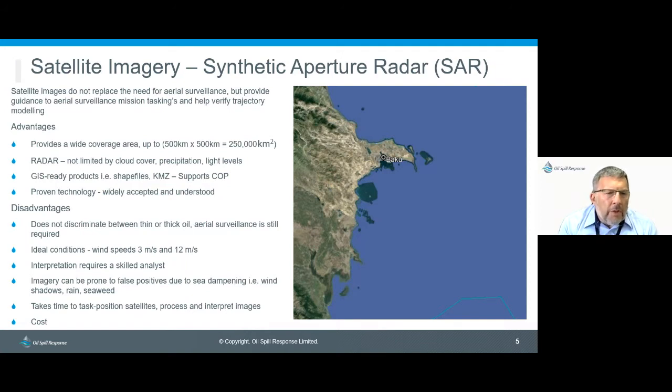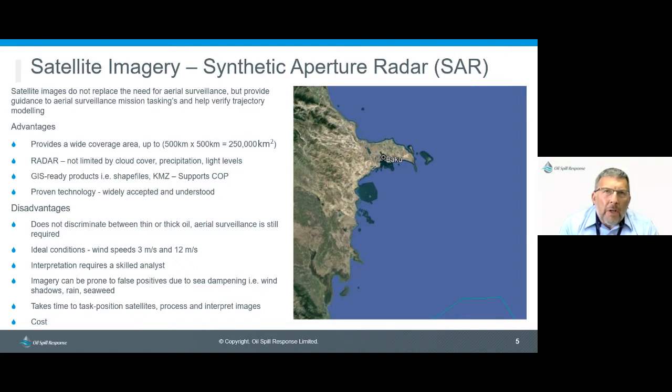The ideal conditions for satellite imagery are wind speeds between 3 meters per second and 12 meters per second. It needs a little bit of wave energy, but not too much, to get that differentiation between the different sea levels and sea surface. It does require interpretation by a skilled analyst.